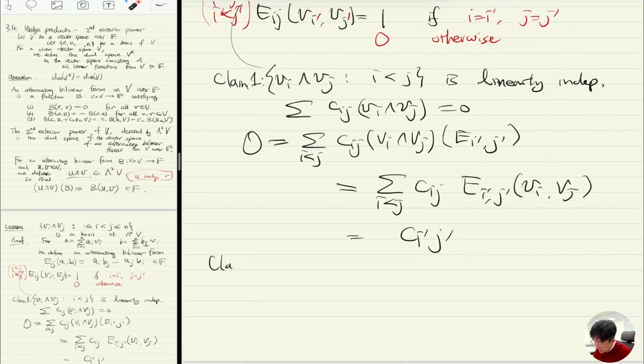The second claim is that they span everything. How do I know that they span everything?